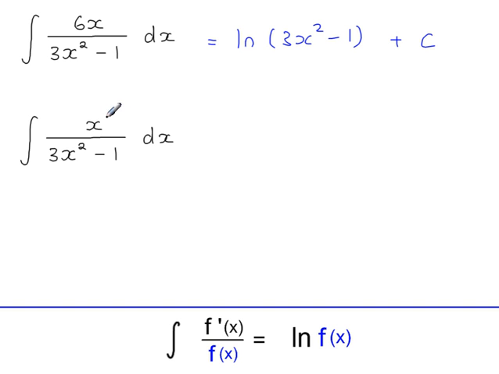So that will be useful for integrating this fraction, which looks similar to the first example, except the 6 is missing. So if you take the result of the first example, it's as though we're doing this.